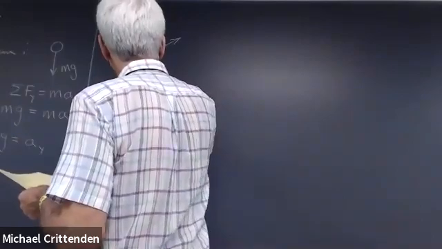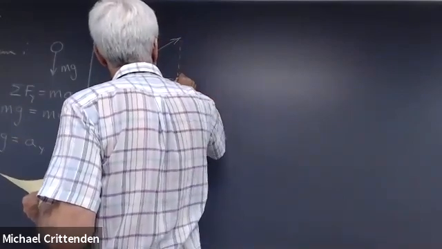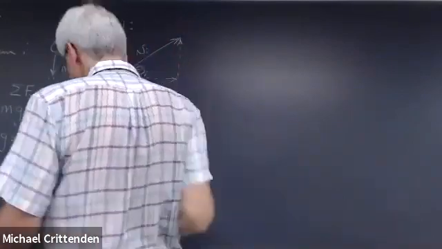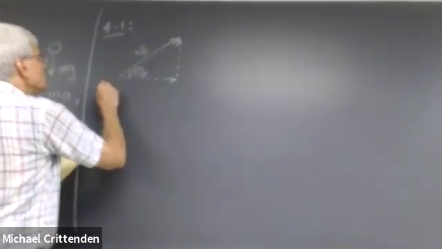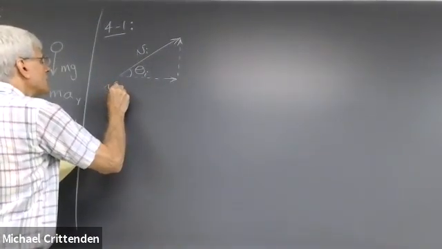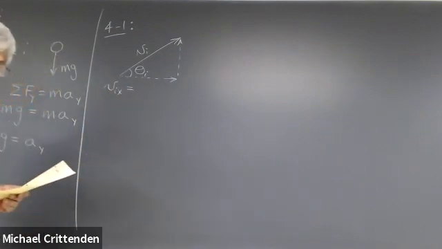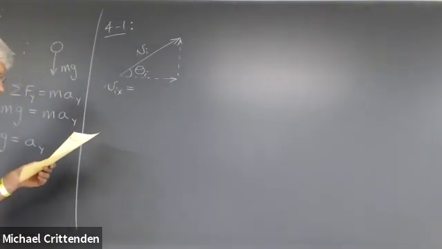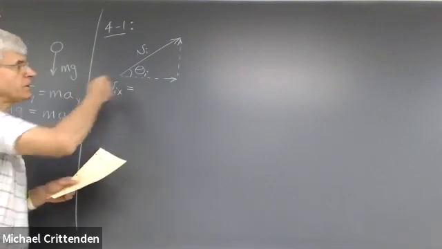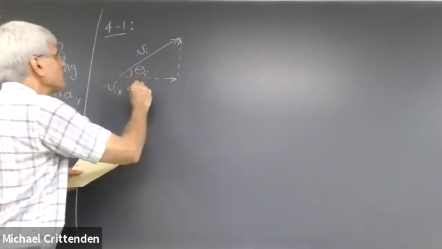So the initial x component, as usual, is the hypotenuse times the cosine, because this is the adjacent side of the triangle.